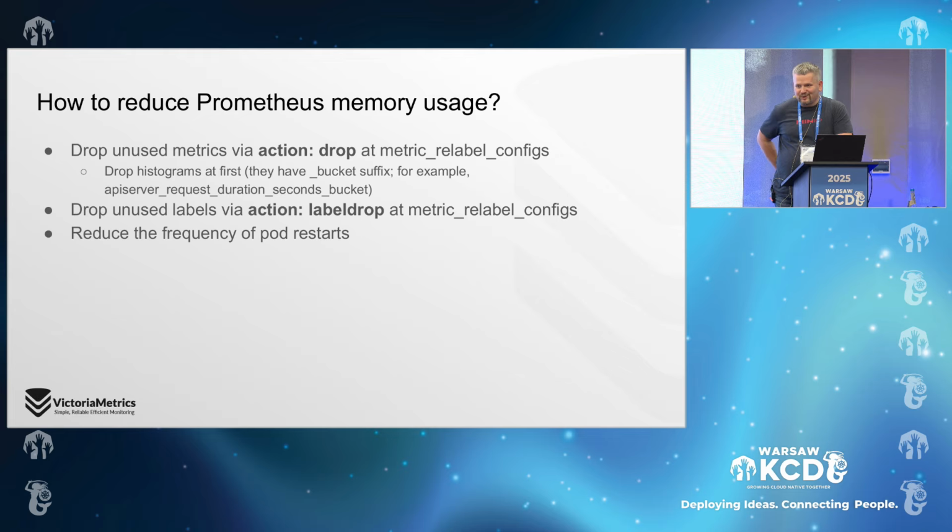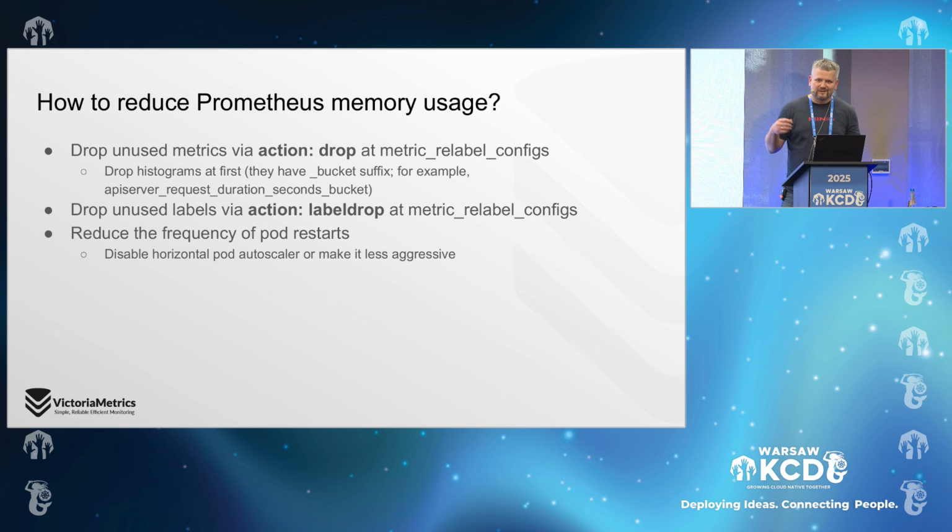Another thing which you can do is to reduce the frequency of restarts of your pods. This will reduce this churn rate. And the main source of high churn rate in Prometheus, from my practice, is horizontal pod autoscaling. Because horizontal pod autoscaler may frequently restart these pods, add new pods, remove old pods, and it does this frequently, and this introduces high churn rate to the metrics and increases memory usage for Prometheus.